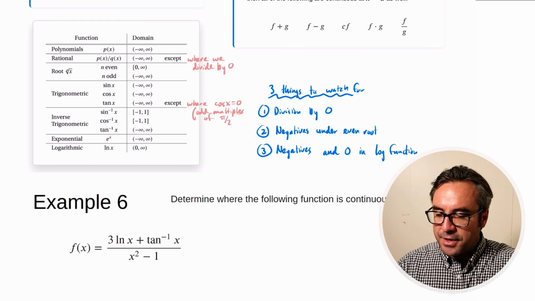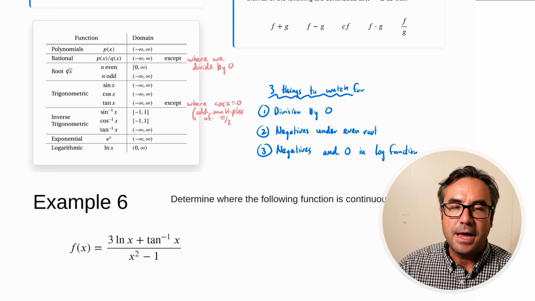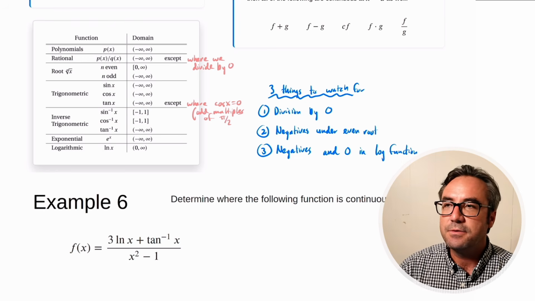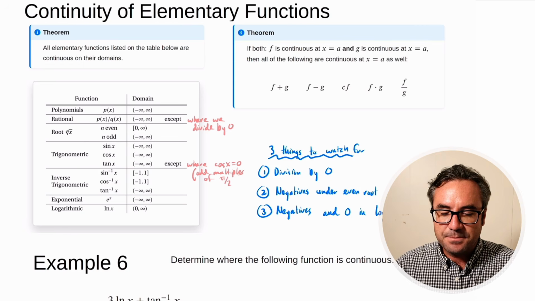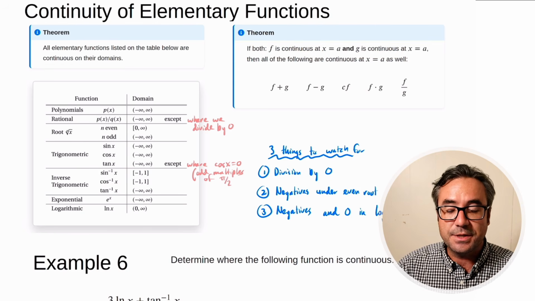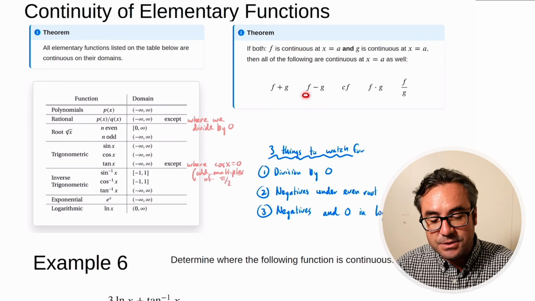Now, we can take these building block functions and we can combine them. There are all sorts of different ways we can combine functions algebraically. So we have a result that says if we take two functions, f and g, and we know they're both continuous, well, we can add them, and the result is continuous. We can subtract them.